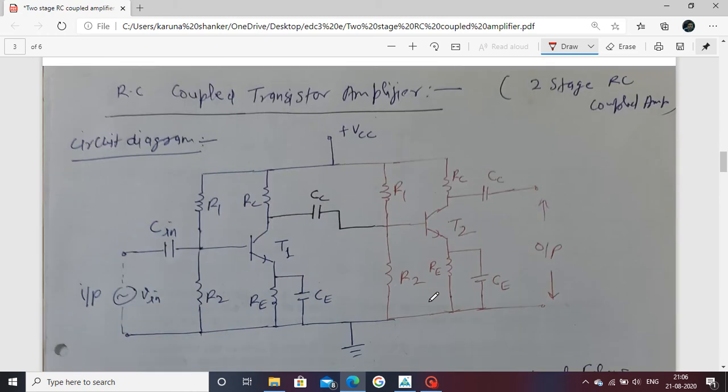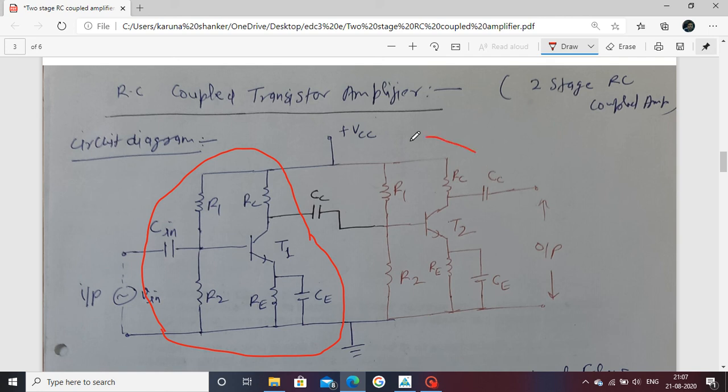Now we enter our two-stage RC coupled amplifier. This is very important. You see the circuit diagram. What you see here is a single stage common emitter amplifier or RC coupled amplifier. This is another single stage.